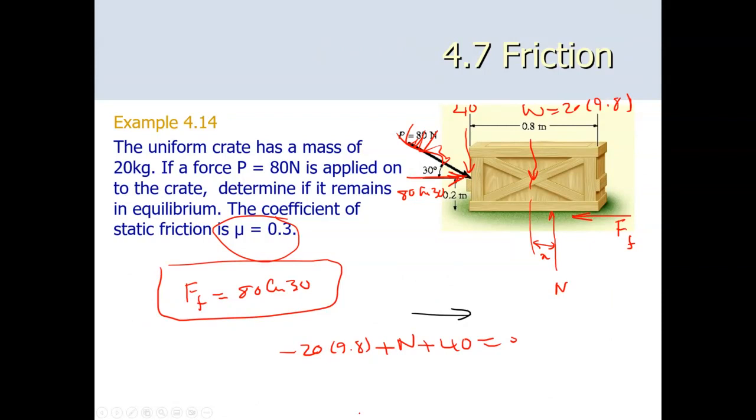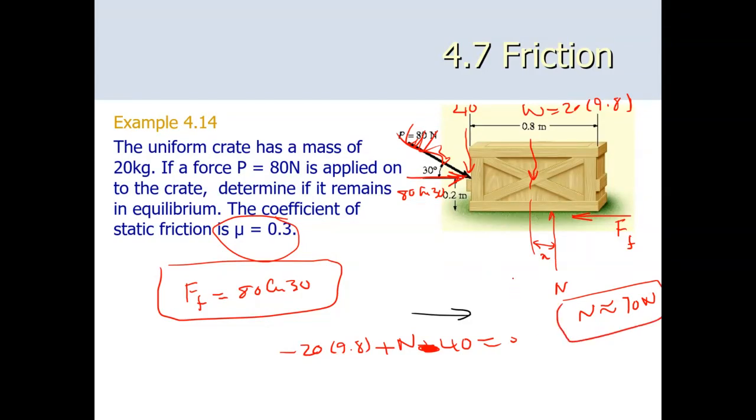Or from here, I can work out the normal force, can't I? So this is 30. That is almost, minus 40. Thank you for that, minus 30. So from here, my normal force is nearly 70 Newton.